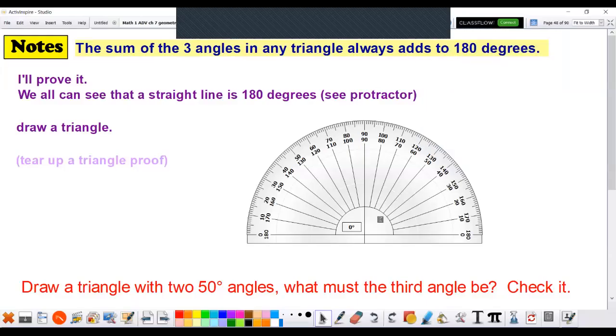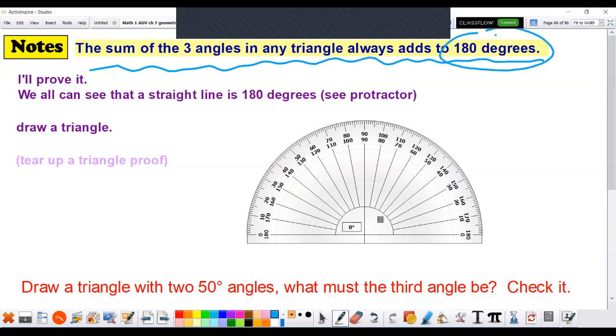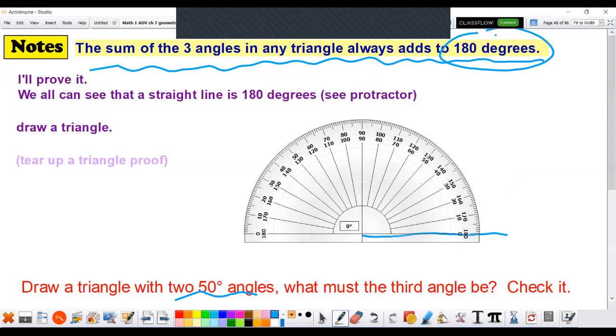So remember, we say the sum of the angles in any triangle always adds to 180. Here's a protractor. If I drew a triangle with 2 50-degree angles, I'd draw a line at 50: 0, 10, 20, 30, 40, 50.